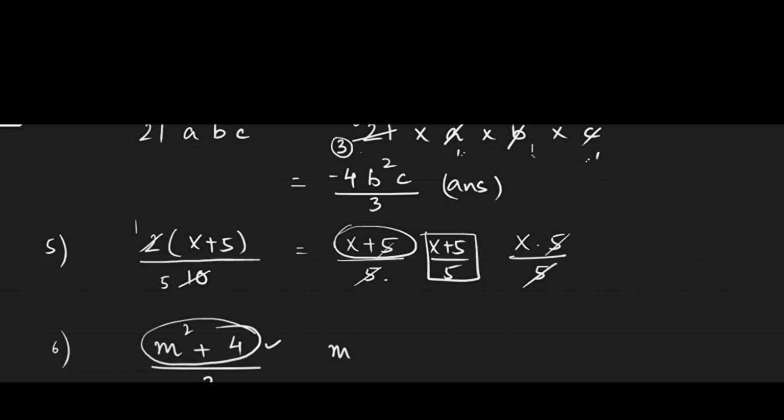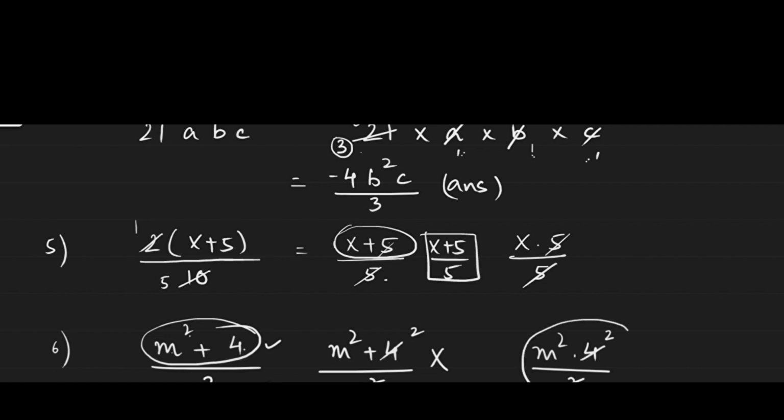Please don't make the mistake of cancelling this and this like this, that 4 and 2 are clearly divisible or they have a common factor of 2. No, this is wrong. M square plus 4 is a complete term where m square and 4 is being added. It is not the product of m square and 4 that you can cancel this and this.